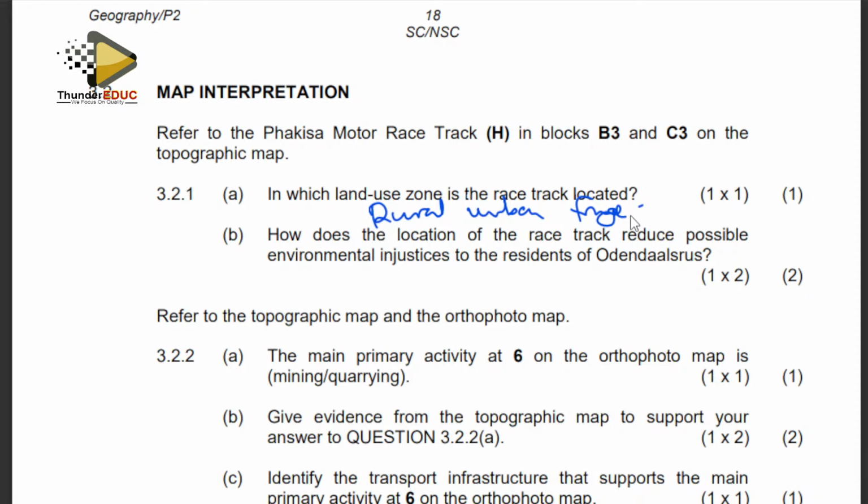Why? Because there is enough space, there are fewer people there, and so on. But the following are the indicators if you were to find out where the rural urban fringe is found. Number 1, if you see a golf course, that means that is where we see the rural urban fringe. If you see the shooting range, that is where we see the urban fringe.